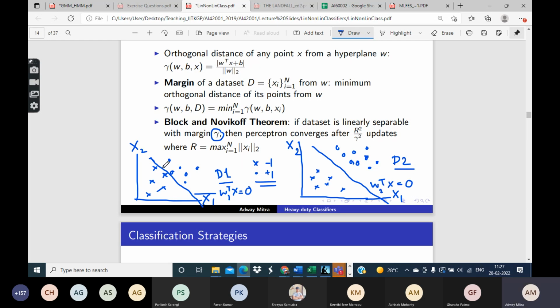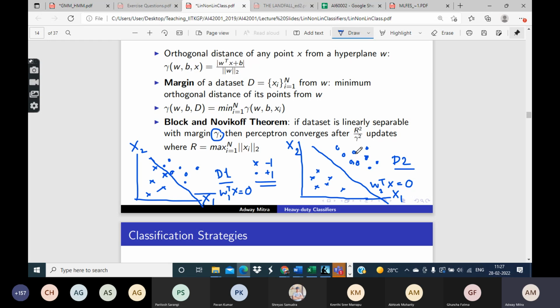Now, let us measure the distance of all the data points in D1 from this line. You can see that there are some points from which this distance is very small. In fact, this point almost sits on the line, which means its distance is almost 0.